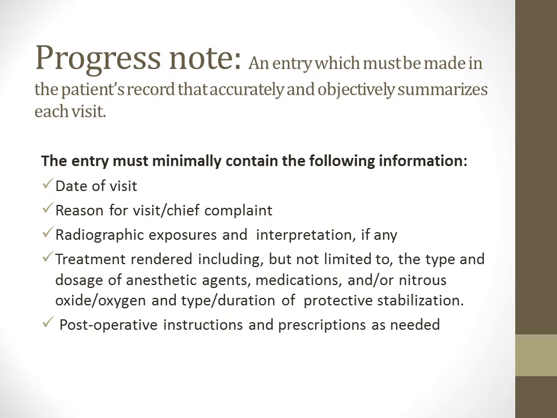The entry must minimally contain the following information: the date and time of the visit, the reason and the chief complaint of the visit, radiographic exposures and interpretations if any radiographs were done, treatment rendered including the type and dosage of anesthetic agents, any medications, if nitrous oxide was given to the patient, the type and duration of protective stabilization. Also, post-operative instructions must be documented in the progress notes for each visit.